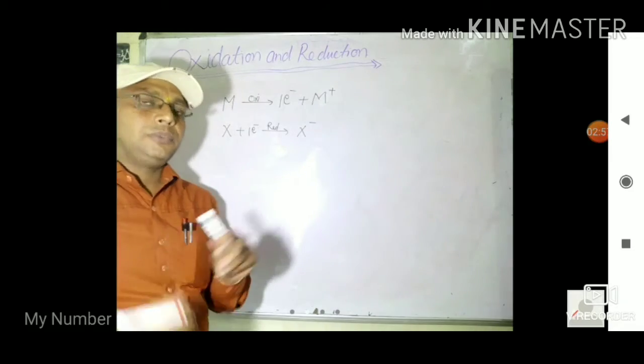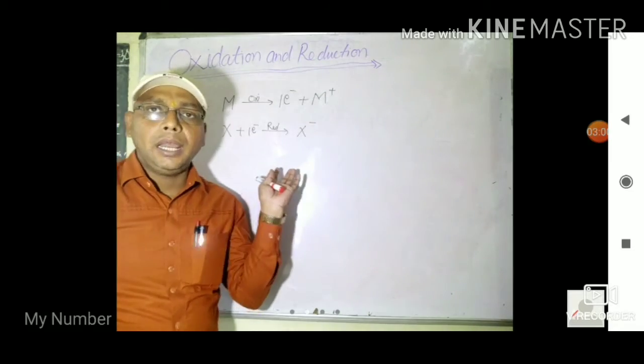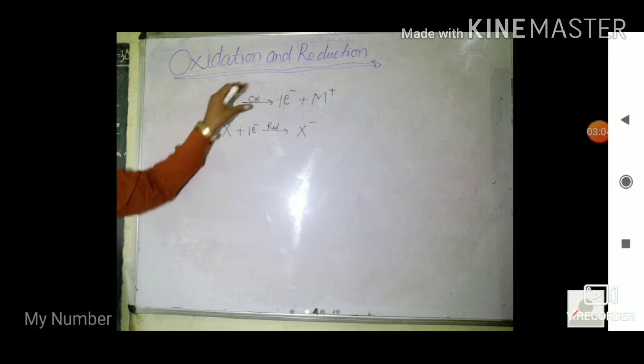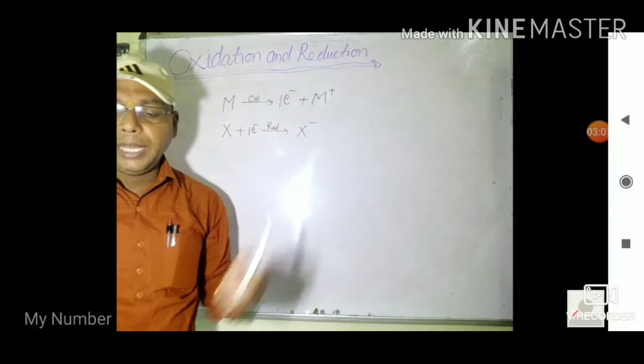Both contribute to the reaction, electron loss and electron gain. This is called oxidation, this is called reduction.